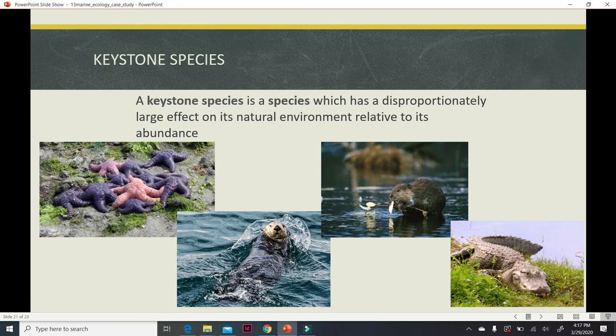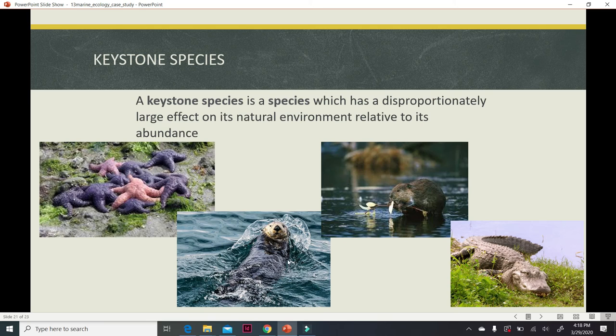He considered Pisaster, this is what they actually look like, to be keystone species because if you take away these keystone species, you have huge changes in the ecosystem. You have all sorts of trophic cascades occurring, and you have competition changing, and you have just enormous change. So this is one example of a keystone species.